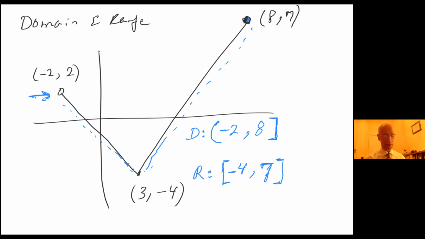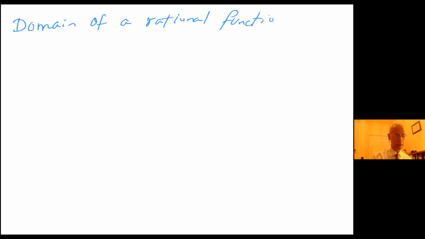Okay, and one last hint or feedback I do want to give you is about the domain of a rational function. So let's say that I have f of x equals 2x plus 1 over x squared minus 15.